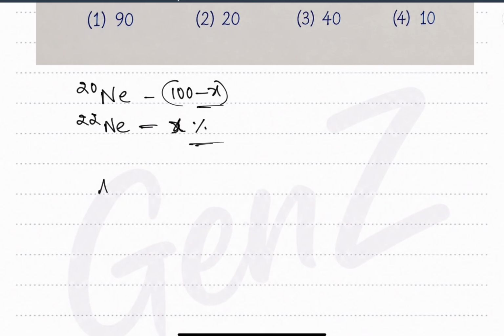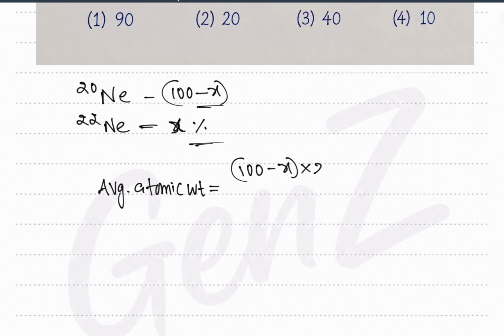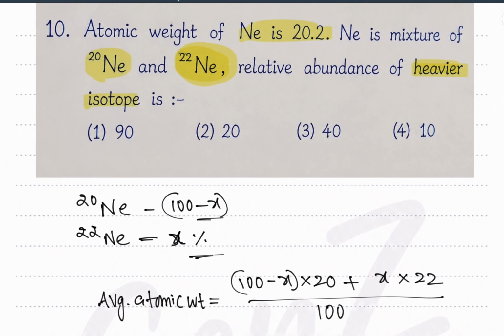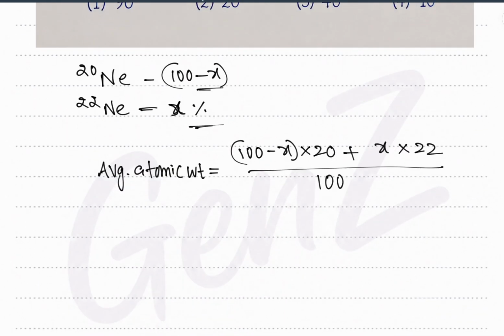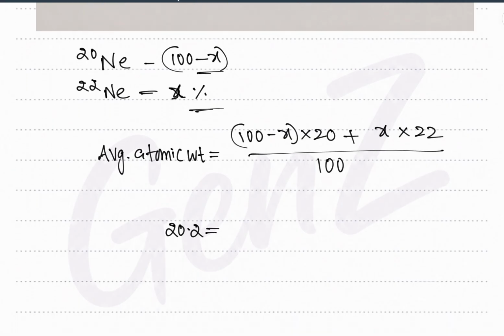Let us see the average atomic weight. Percentage abundance into atomic weight gives (100 minus x) into 20 plus x into 22, divided by 100. The atomic weight of neon given in the question is 20.2. So 20.2 equals (22x plus 2000 minus 20x) divided by 100.